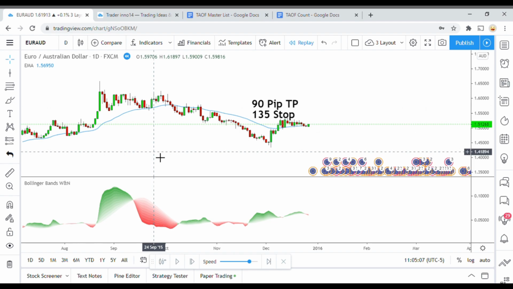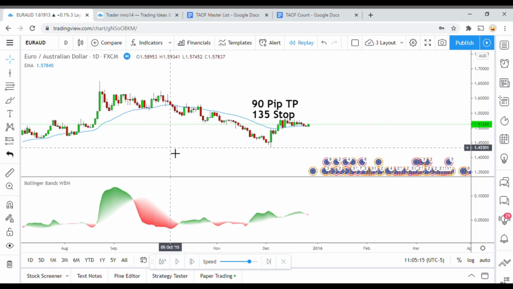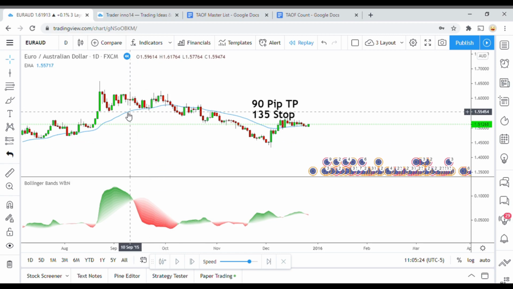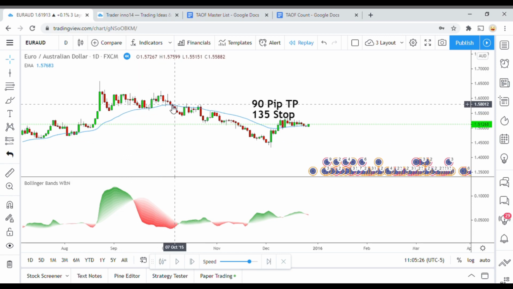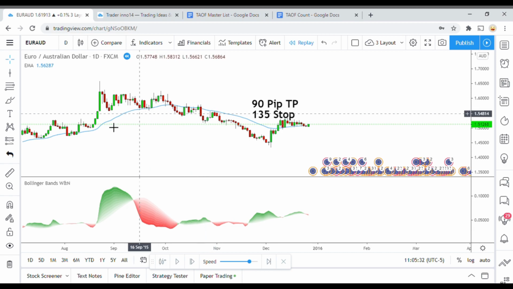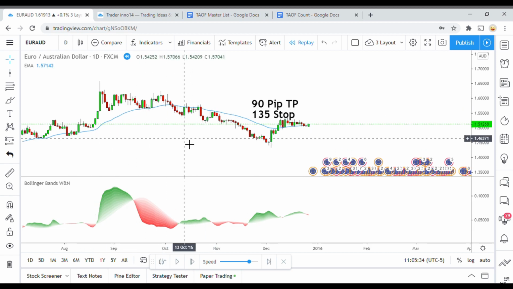In this case, it's kind of a medium trend indicator. Something like a 200 EMA would be long term, and something like a 10 EMA would be a very fast short term indicator of price action movement.